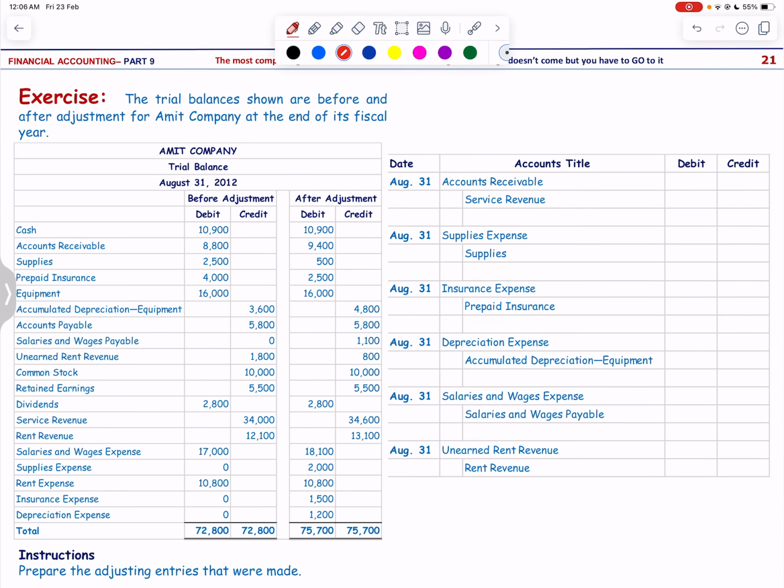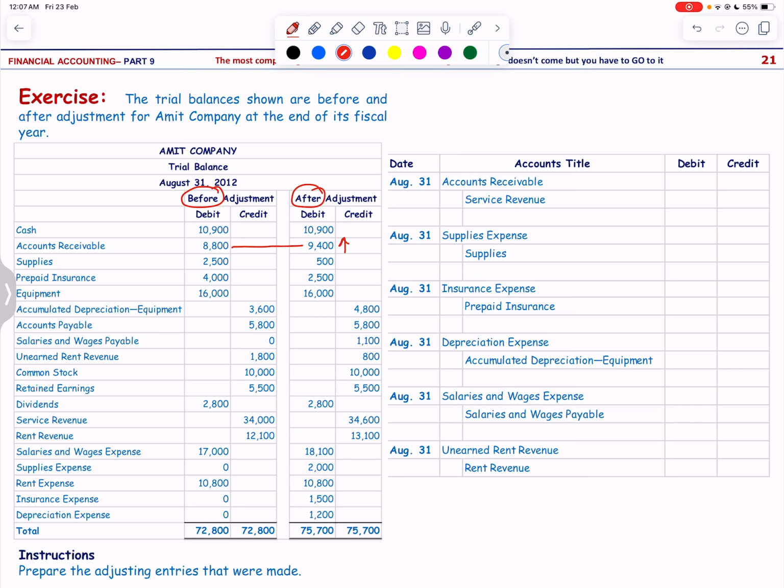We have the trial balance, and we have this information before the adjustment and after the adjustment. So we are going to go one by one, and let us see the first one. Now you can see the accounts receivable has increased. So if it is increasing after the adjustment, that means the service revenue should also increase by the same amount.